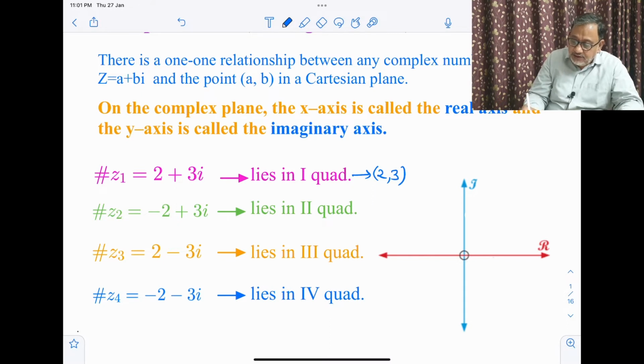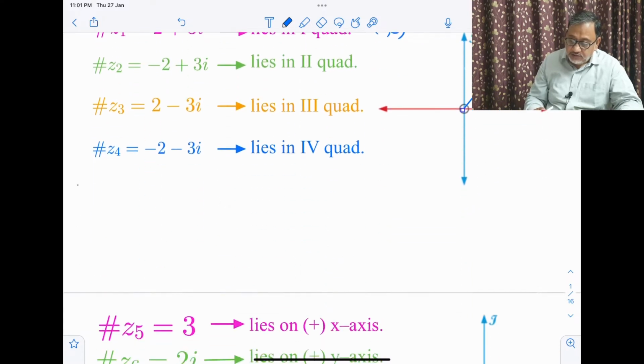So somewhere here, 2 comma 3 will be there. Let us join this with the origin. So this is the first complex number, Z1 equals 2 plus 3i. I hope this is clear to you.